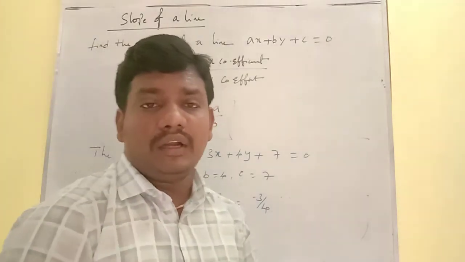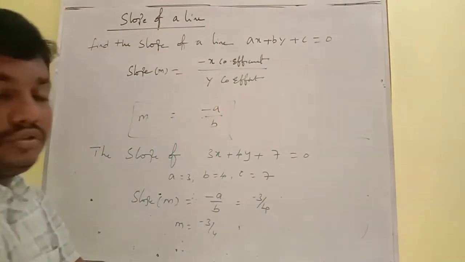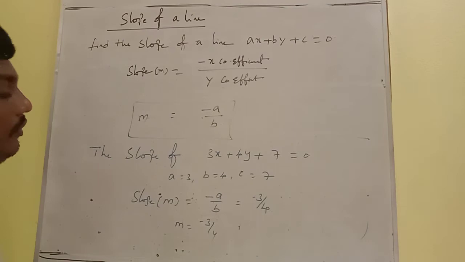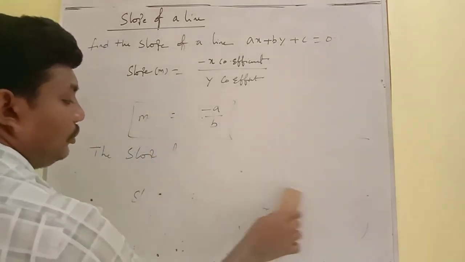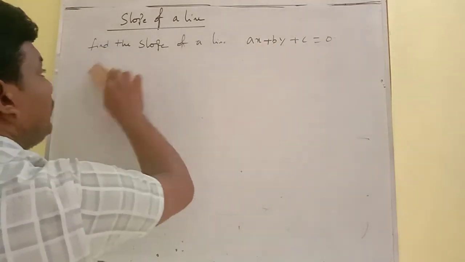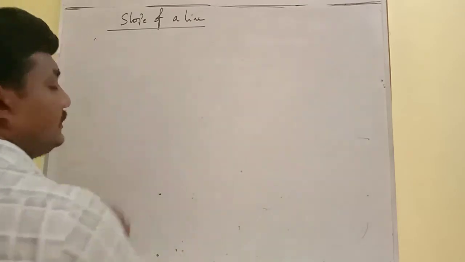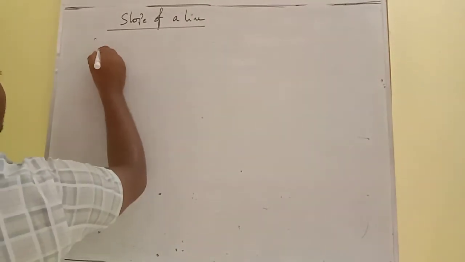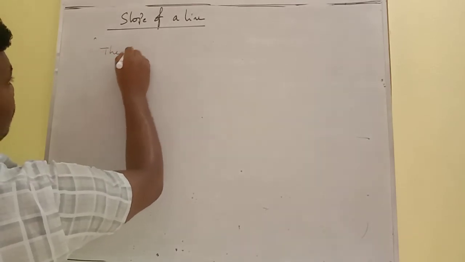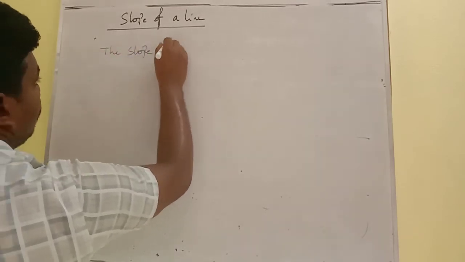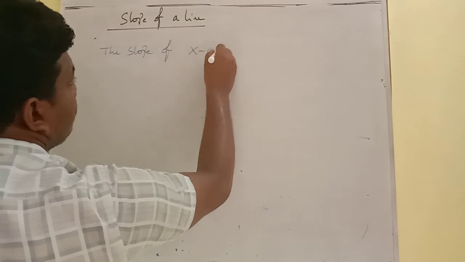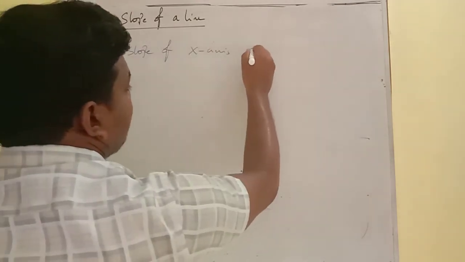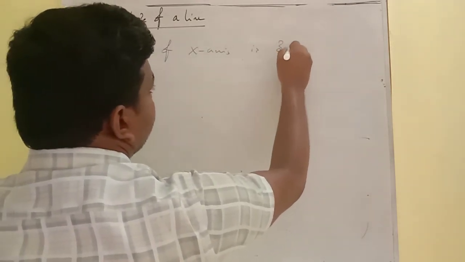Now, what is the slope of the x-axis and what is the slope of the y-axis? We have to find. Let me consider the slope of the x-axis. The slope of the x-axis is 0.